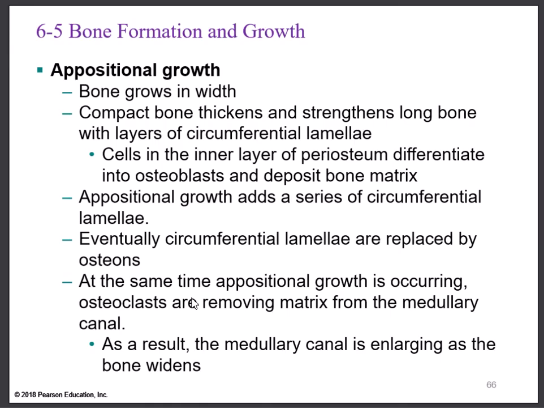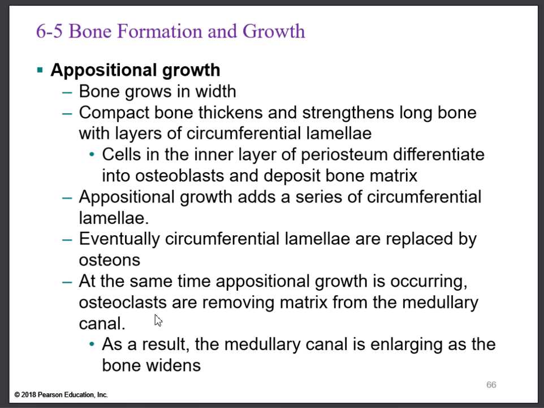At the same time that appositional growth is occurring and the bone is getting thicker, that medullary canal needs to widen also. And that's my last statement here. Osteoclasts inside the medullary cavity are going to remove the matrix, making the medullary cavity widen at the same time that the bone is getting wider.